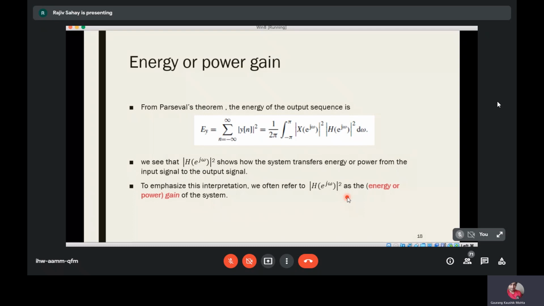So this is the idea of energy or power gain. Because our LTI systems are supposed to be filters, they will modify the power in the input signal to create the output signal.